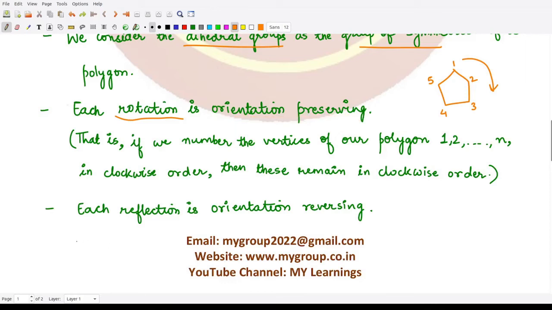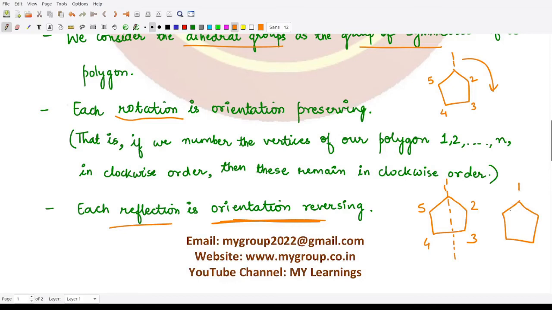Whereas in reflection, the orientation reverses. Suppose we again draw this pentagon and name the vertices 1, 2, 3, 4, 5 in clockwise direction. Let's now take reflection along this axis. It will in effect keep 1 fixed, 2 would come here, 3 would come here, 4 would come here and 5 would come here.